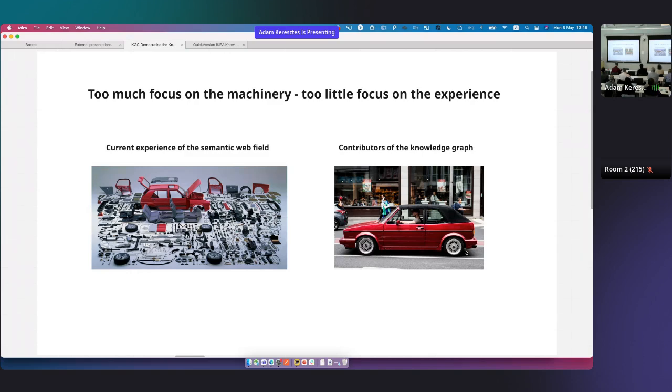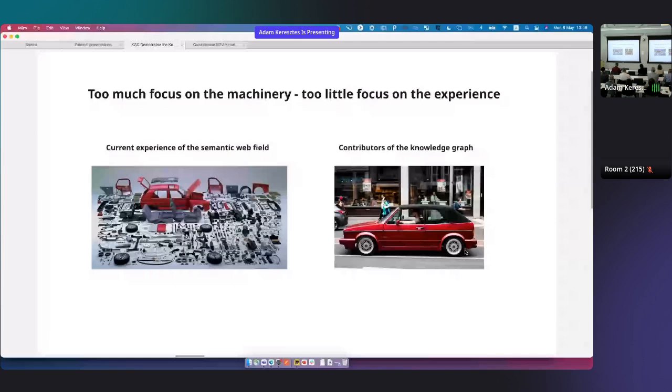And when we try to onboard subject matter experts, they don't have to understand every piece of how a car works. If you ask some expert, they would be able to explain exactly how the energy converts into torque, transfers through the differential. You can explain that all day long, but in the end, for us, it's more about those who are contributing to the knowledge graph. They want to just drive the car, put the key in the ignition.